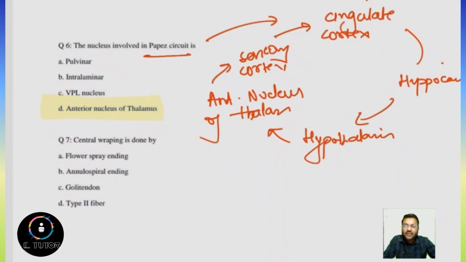So this is the Papez circuit, and in this circuit we can see that the anterior nucleus of thalamus is there. So the answer will be option number D.